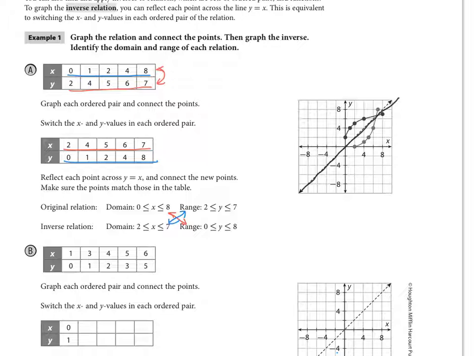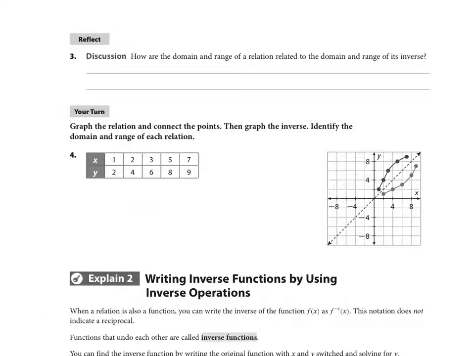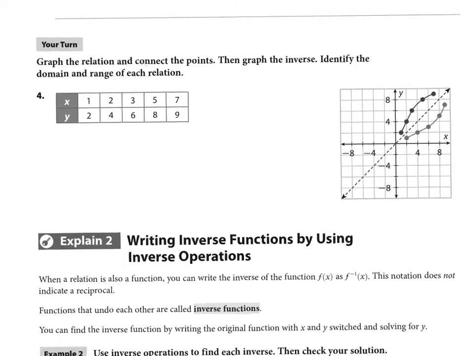They just flip-flop, is all that happens. So we go back and look right here. Our domain went from 0 to 8, and there's our domain relationship. Our range went from 2 to 7 right here. So now we're right back to this problem again, doing it as we did.